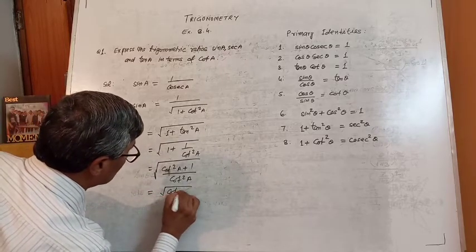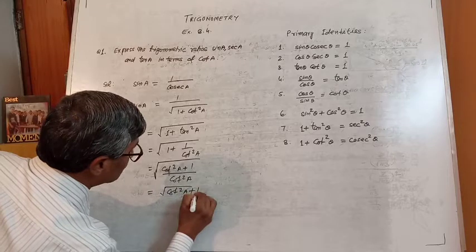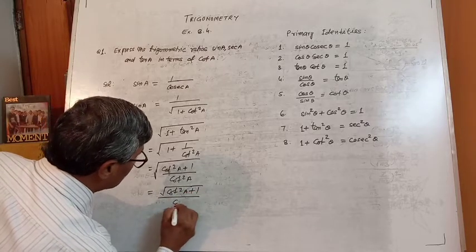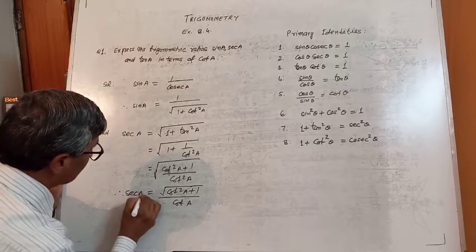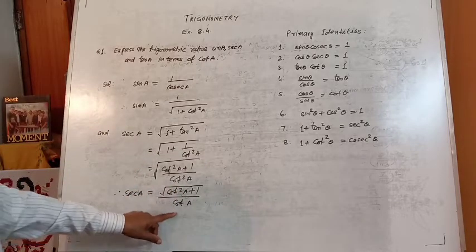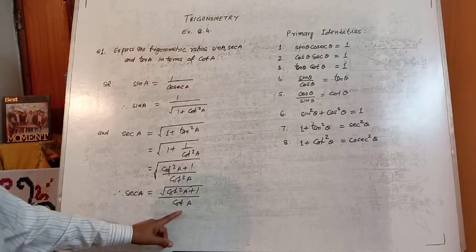So under root cot square A plus 1 divided by cot A. This is the answer. Sec A is expressed in the form of cot A.